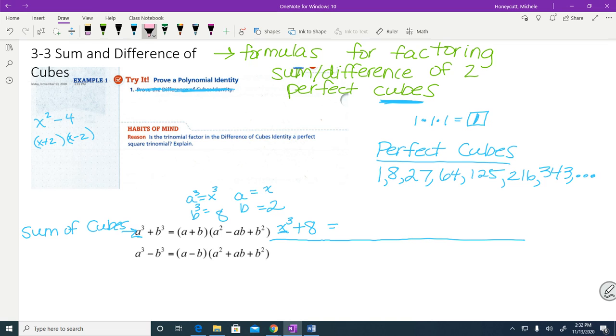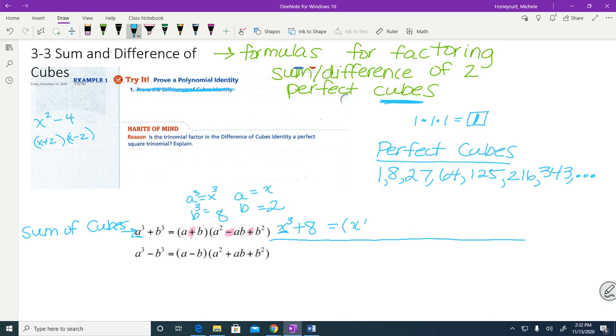The other thing to note is that these signs are always going to stay the same. So you'll always have a plus, minus, plus for the sum, and a minus, plus, plus for the difference. Factoring, that says take a plus b. My a is x, my b is 2.